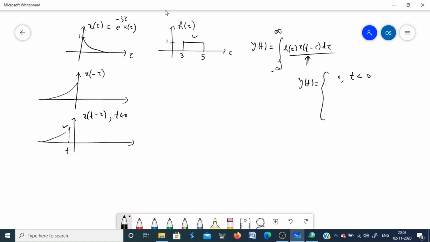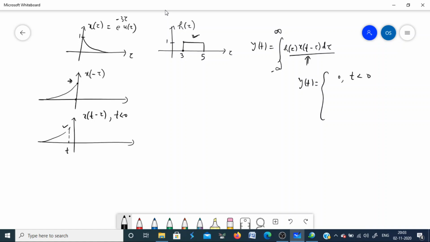Okay, for t greater than 0, this pulse will be shifted to the right. Now in this case you can see that even if you shift it to the right, for t less than 3, up to when this pulse reaches t equal to 3, the product will remain 0.